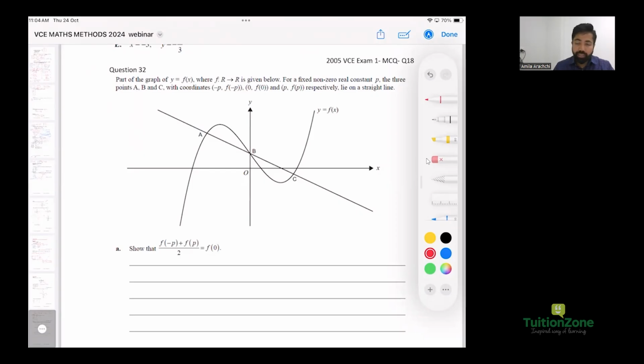Collinear means the gradient from A to B is exactly the same as the gradient from B to C. So apply the y2 minus y1 formula for both sections and make them equal to each other. If I write it a bit more clearly, you find the gradient of AB equals the gradient of BC. All right, give it a try now, because you have the coordinates on the top. So just sub them in.